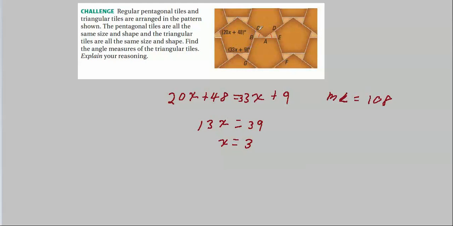Now we could find angle BCA, couldn't we? Because BCA and this angle here, whatever we call that, let's call this alpha 1.